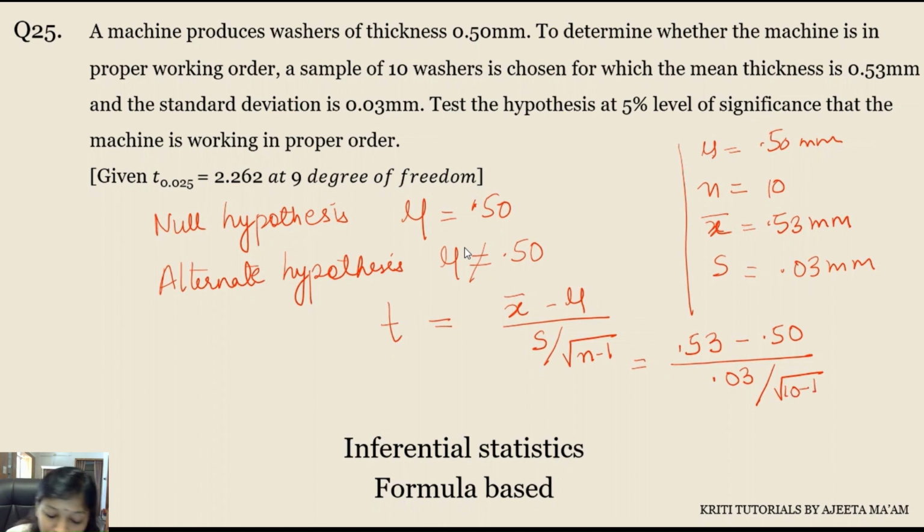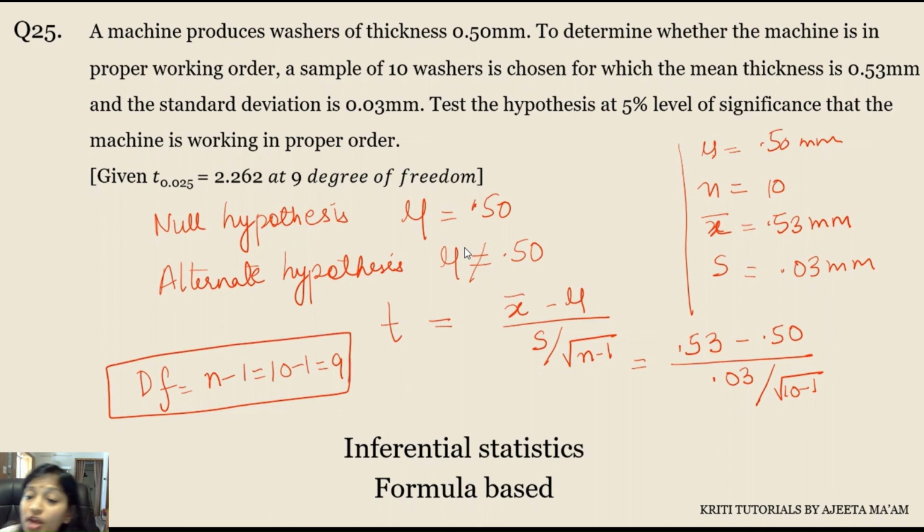Now what will be the degree of freedom? Degree of freedom will be n minus 1, which is 10 minus 1, that is 9. Now we are going to apply a two-tailed test here. That's why we are using the formula for n minus 1, not n, right? Now why two-tailed test? Because the value is given to us as t at 0.025, correct? And 5% level of significance is there. So we use a two-tailed test here.